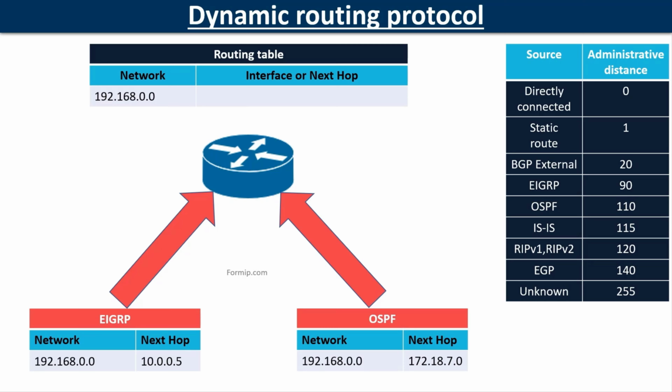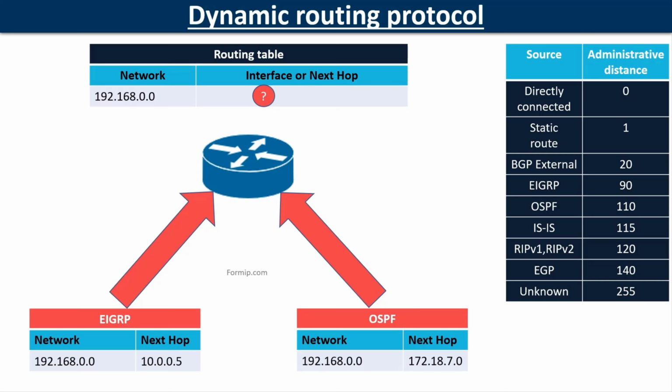But the metric used by OSPF for the same subnetwork gives a path through IP 172.18.70. In this case, the router will have to use the administrative distance to determine the path that will be installed in its routing table. So what routing protocol do you think the router will choose?